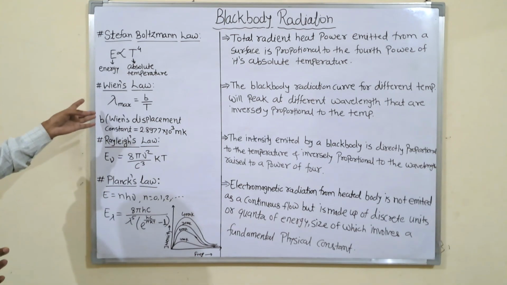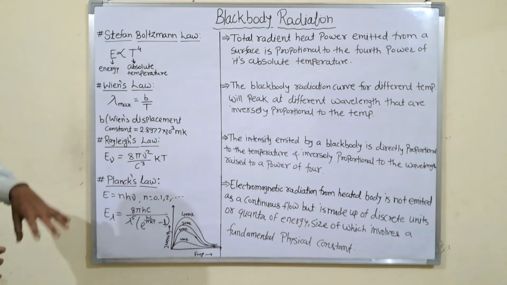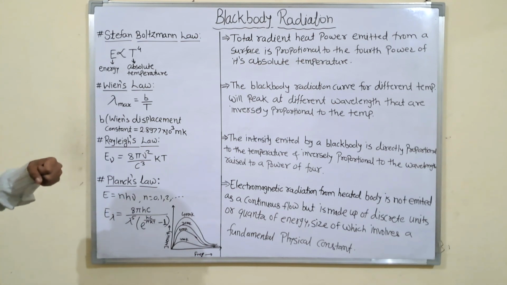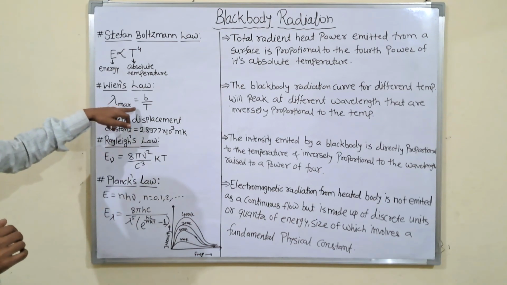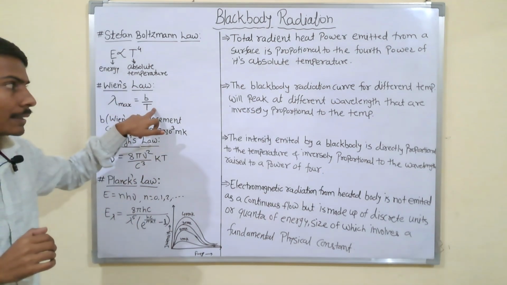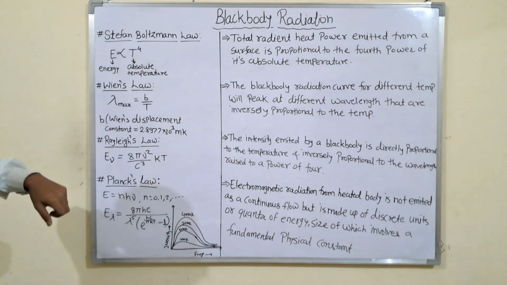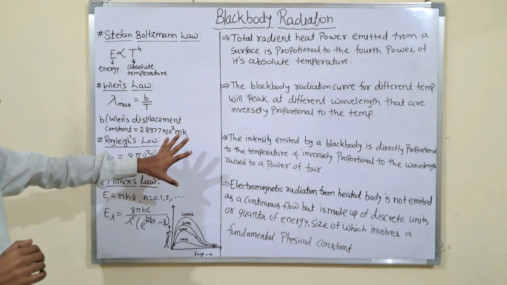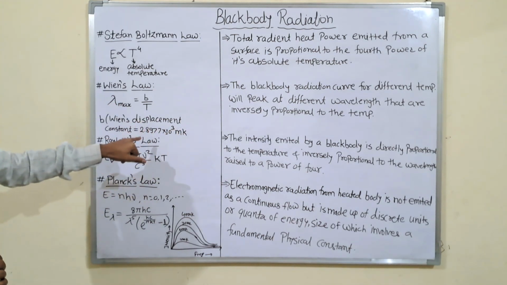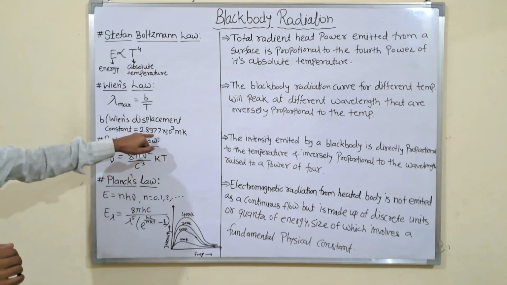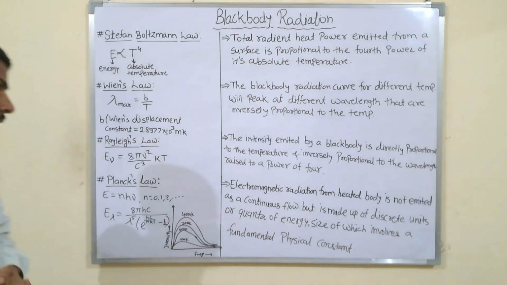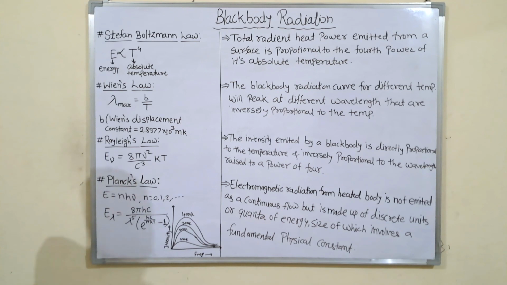Now the second law is Wien's law: lambda max is equal to b by T, means lambda max is inversely proportional to the temperature, and b is Wien's displacement constant that has the value 2.8977 into 10 to the power minus 3 meter Kelvin.